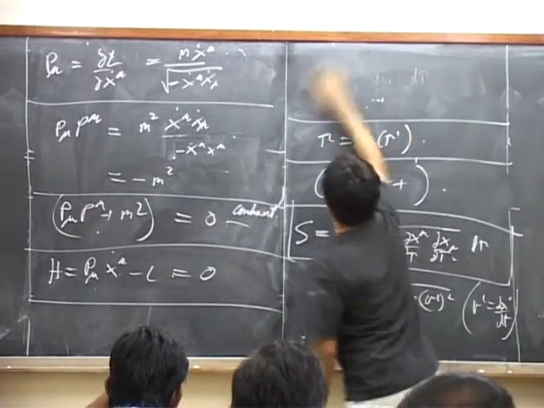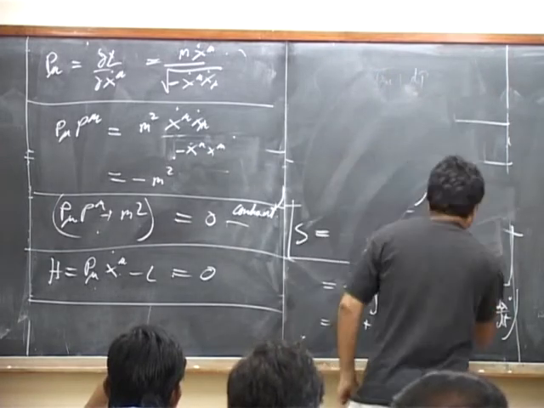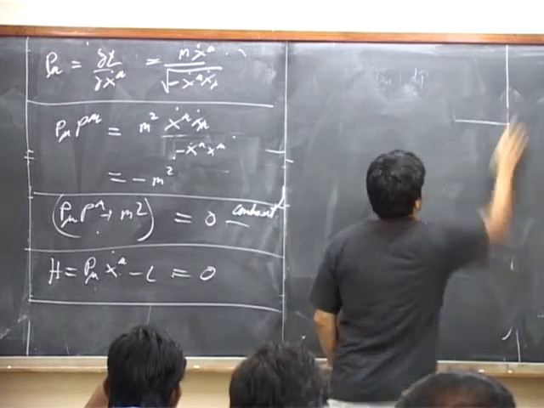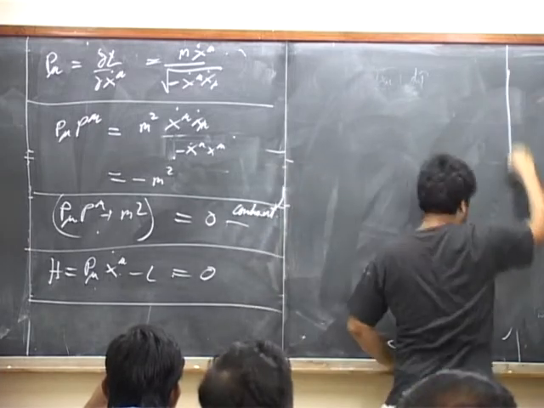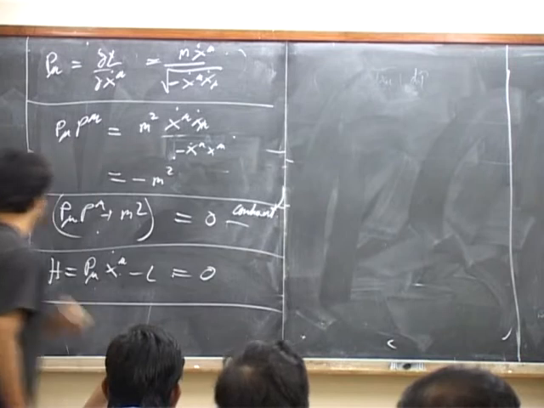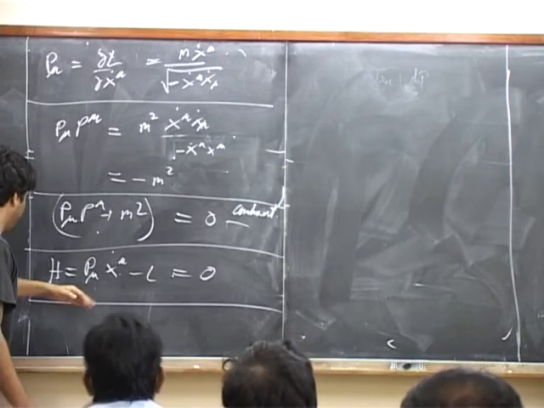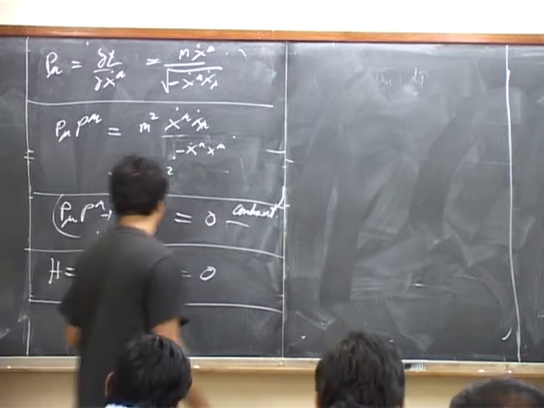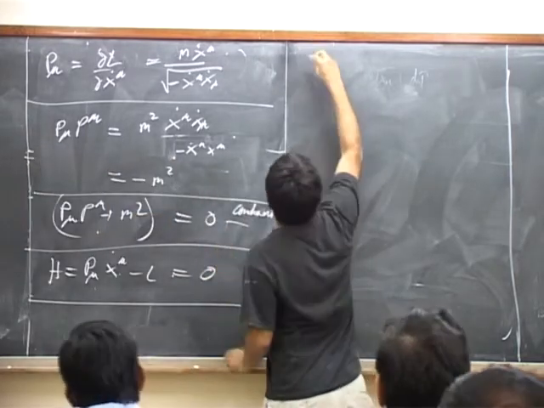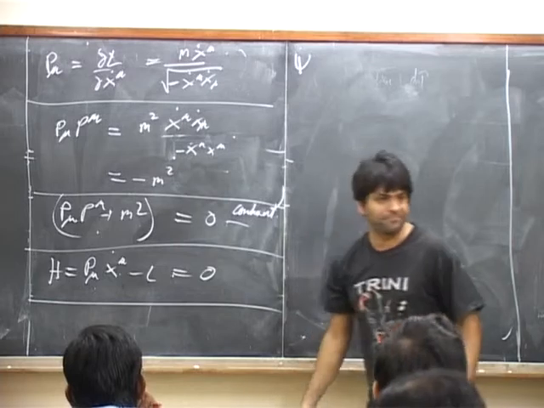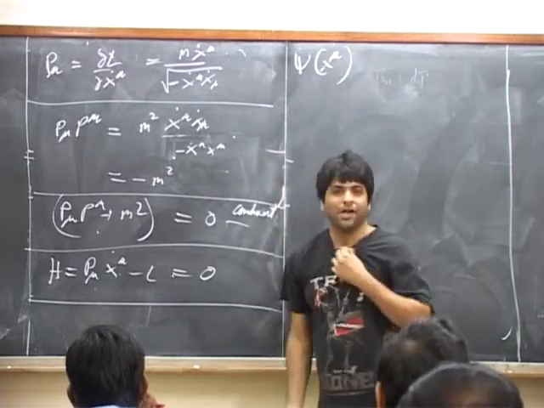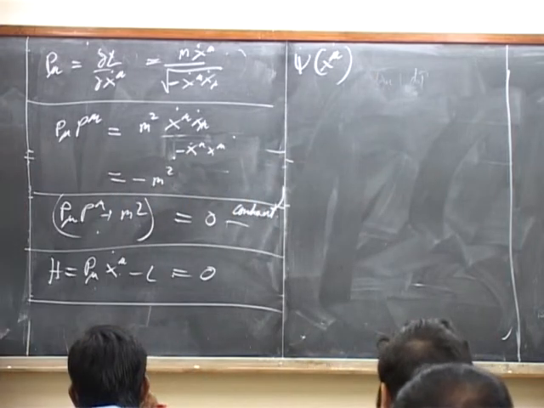So let's see. Firstly, suppose we just did the quantization. What's the answer for the Hilbert space? The Hilbert space is functions of x mu, with the norm we'll discuss in a moment.